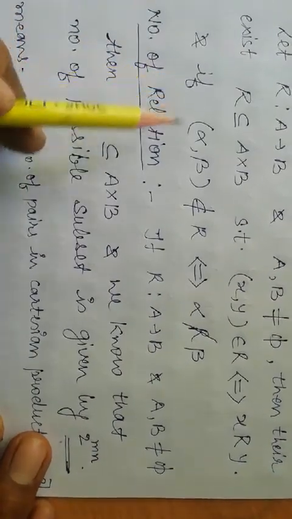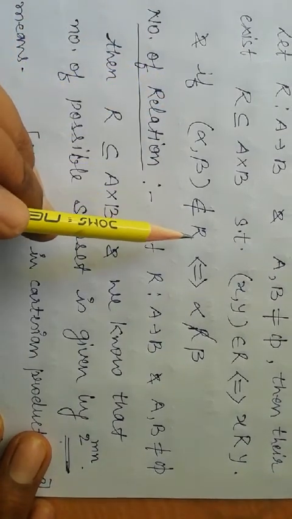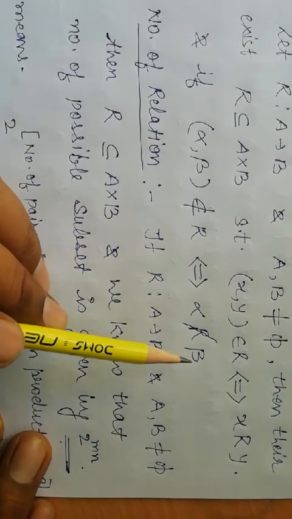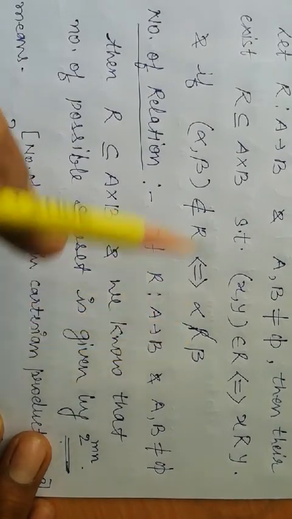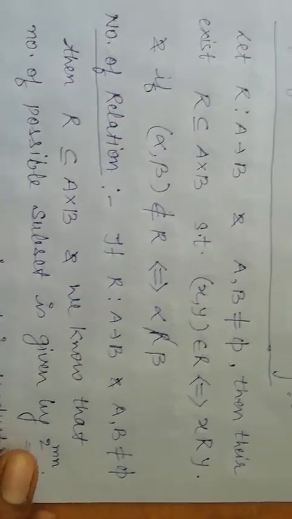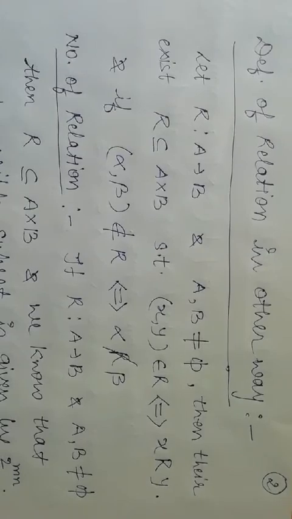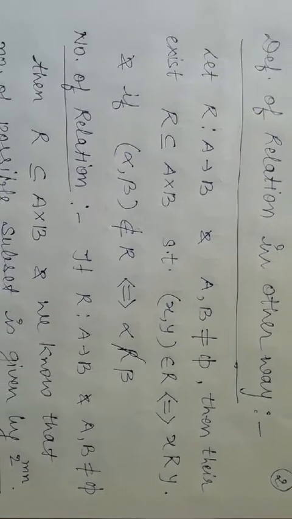And if alpha comma beta does not belong to R, then alpha is not related to beta. So this way we can express the definition of relation in a different way also.